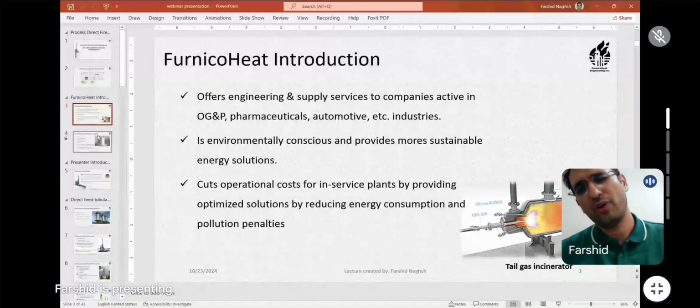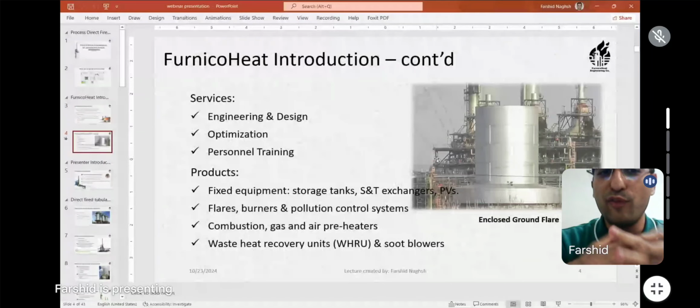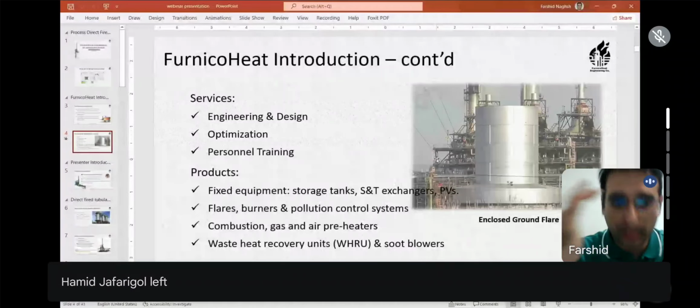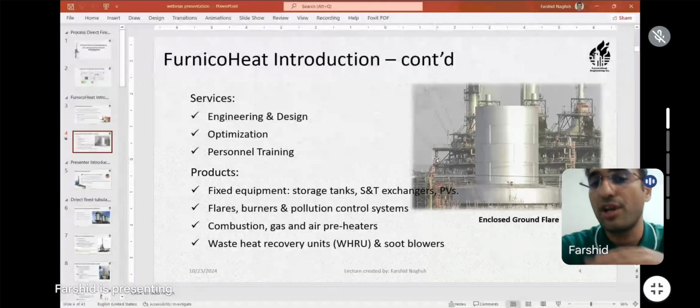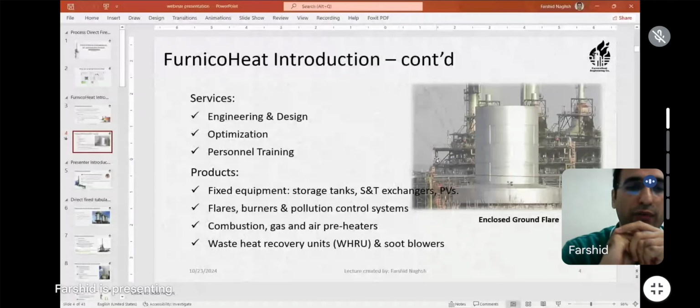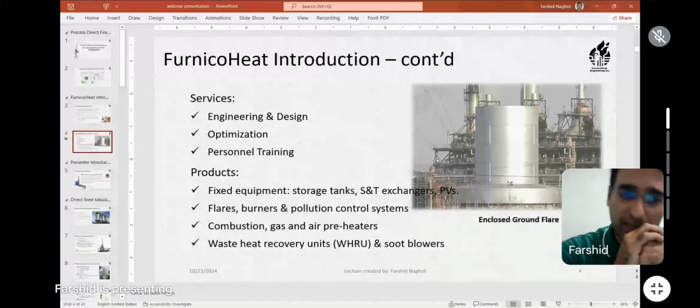So if we go more into the depth of this matter, how do we do that? We do engineering and design, we optimize the processes, and we also do personnel training. We also manufacture the equipment we design in conjunction with very big names inside Iran, with products that are fixed equipment like storage tanks, shell and tube exchangers, pressure vessels.